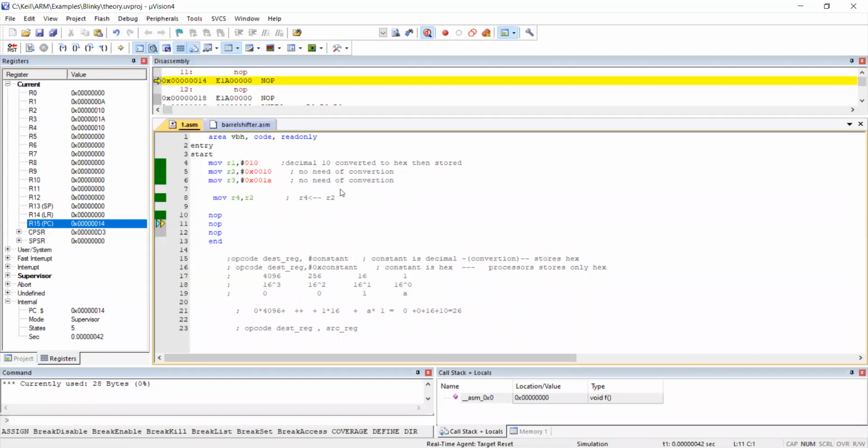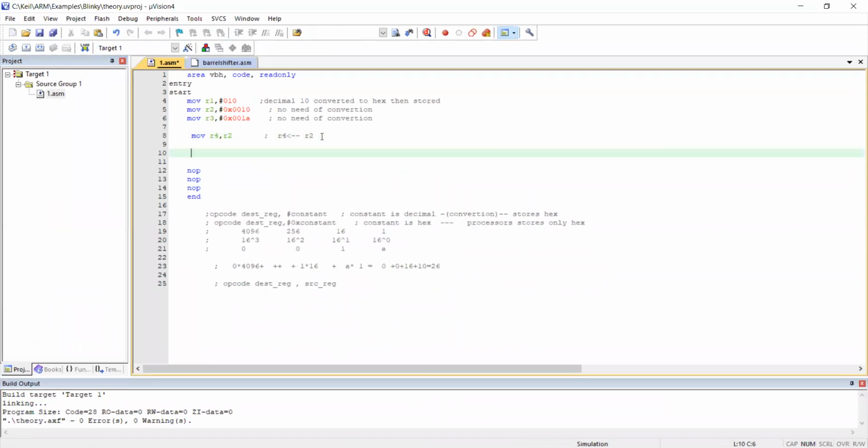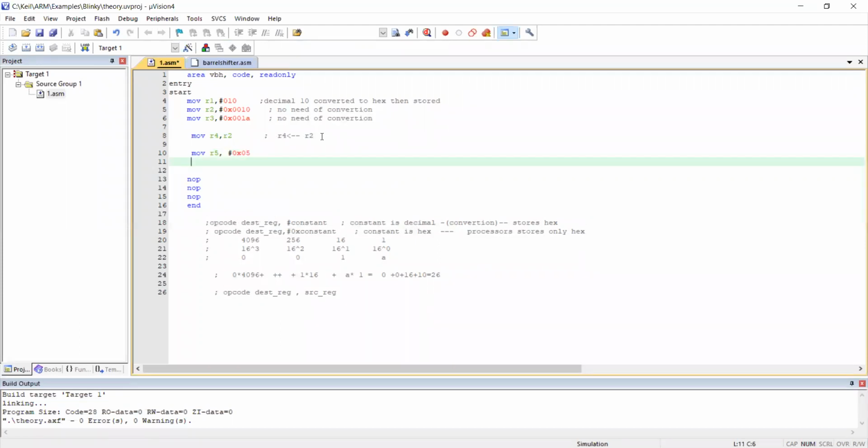Okay. So now let me show you something here. Now I will write this: MOV R5 comma hash 0x05. Then MVN R6 comma R5.